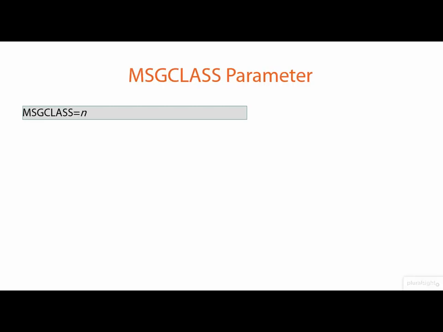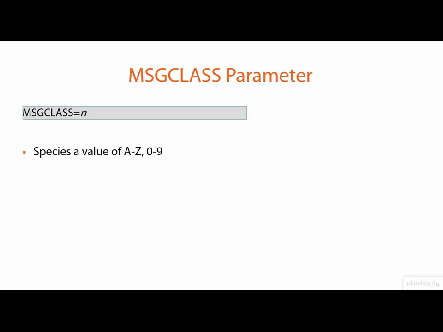So again, we also have a value then for output data. Our message class in this case indicates the output queue that work is going to go to. Again, we have 36 options, A through Z, 0 through 9, and the installation will establish standards.